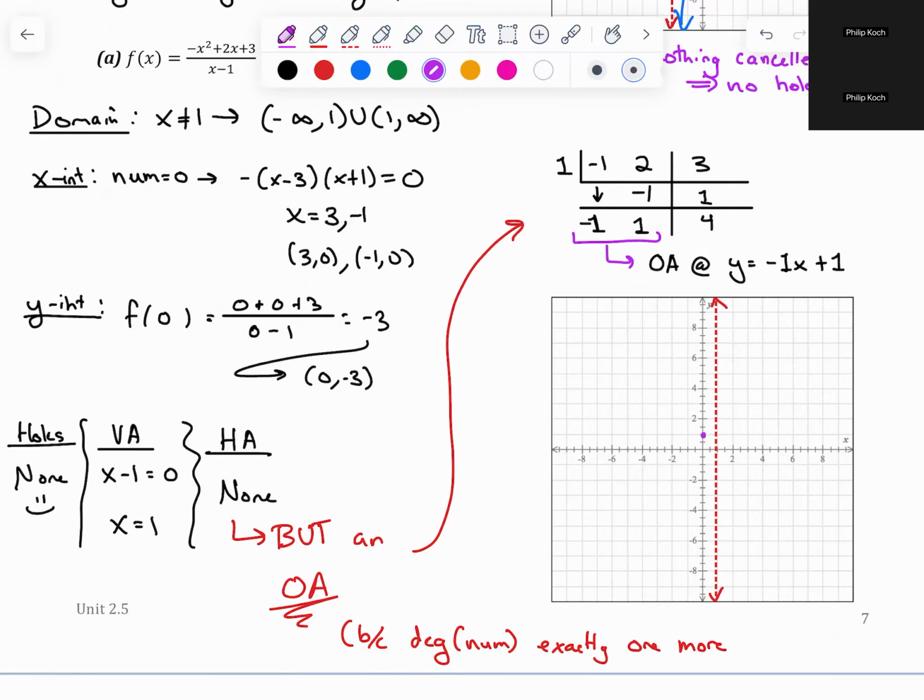Y-intercept 1, and it has a slope of negative 1. So you can either go down 1, right 1, or you can go up 1, left 1. It doesn't matter what you do. I'm going to go down 1, right 1, like that. And then I just carry out the line as best as I can. That will do it.